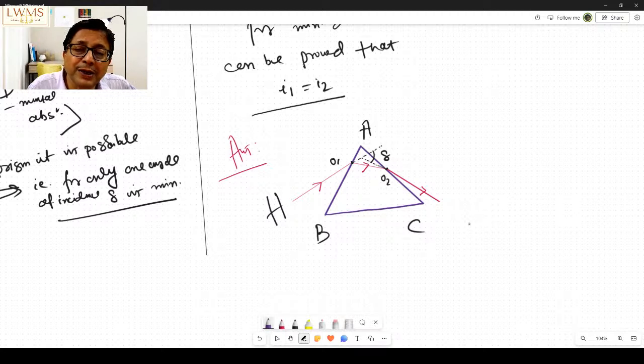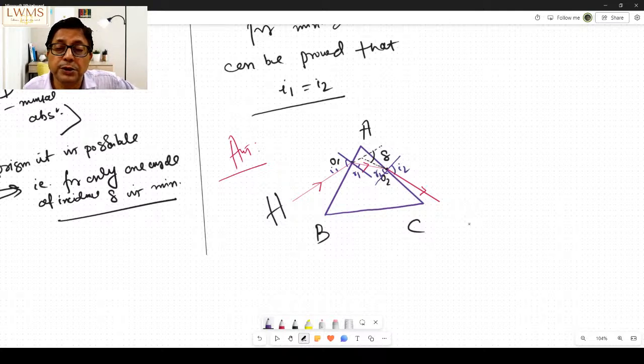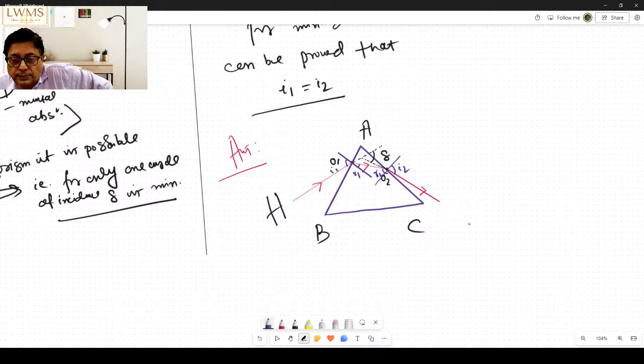This, if I draw it, it's okay, fine. We are drawing that also. Yeah, this is I1, you remember, this is R1, this is I2, this one R2.